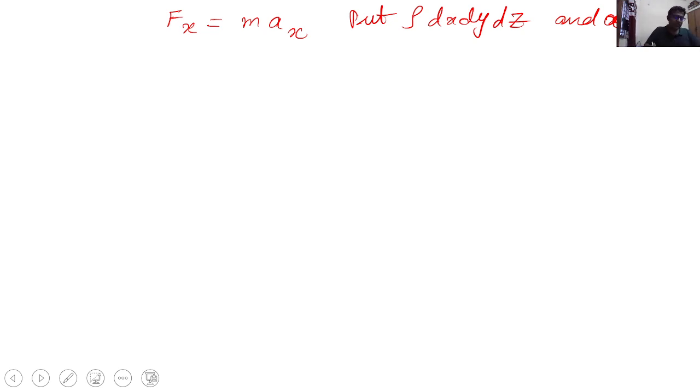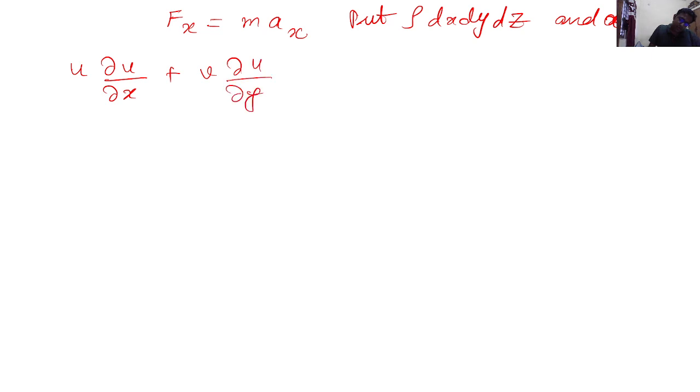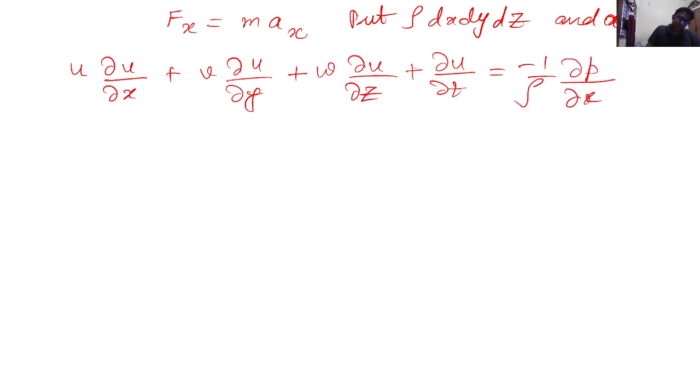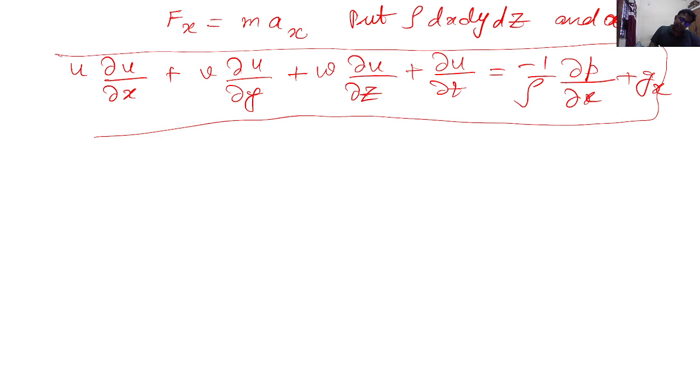So the final expression would look somewhat like this: u del u by del x plus v del u by del y plus w del u by del z plus del u by del t is equal to minus 1 by rho del P, that is the pressure intensity P, plus Gx. Gx is the body force. So this is the Euler's expression in the x direction.